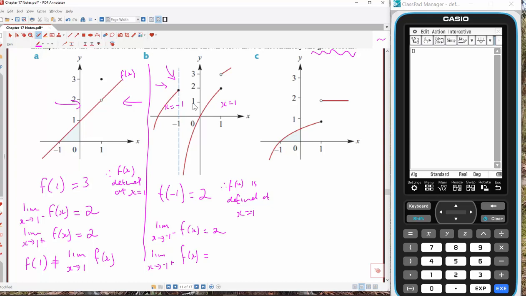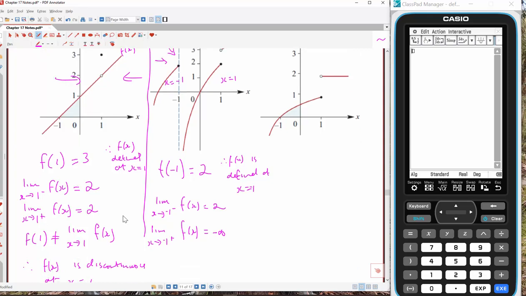As I approach from the right-hand side, I can see that these values, it's asymptotic, so it's going to approach negative infinity. Okay, so we're noting here that the limit from the left and the right are not the same. So we're going to conclude here by saying it's discontinuous because the limit does not exist.